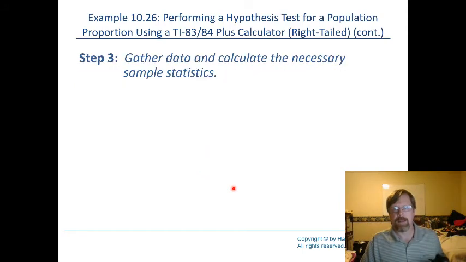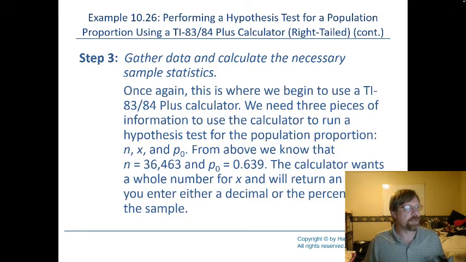So we can gather our data. We've been gathering this as we go along. Sample size is 36,463. Presumed proportion is 0.639. We are given the proportion, not the x value, and the calculator needs the x value.